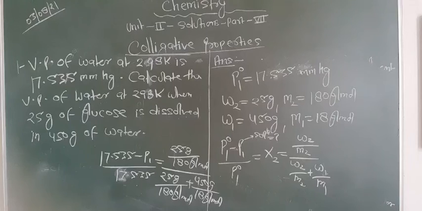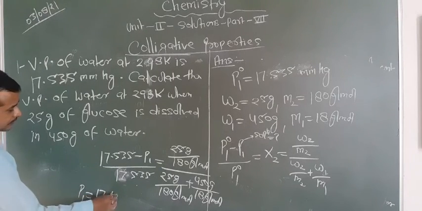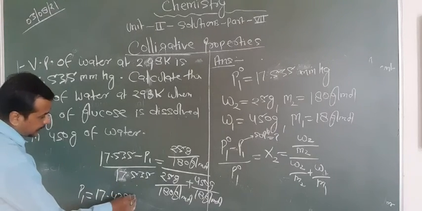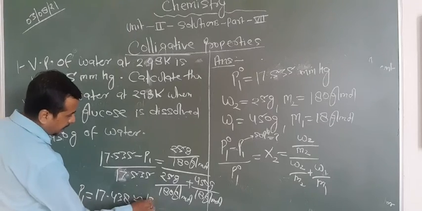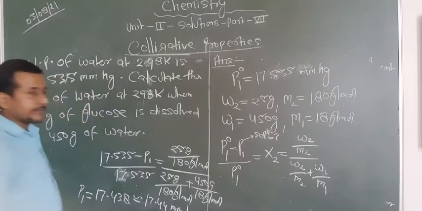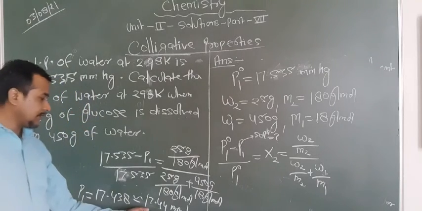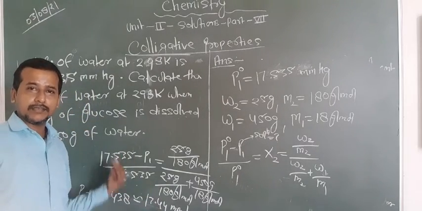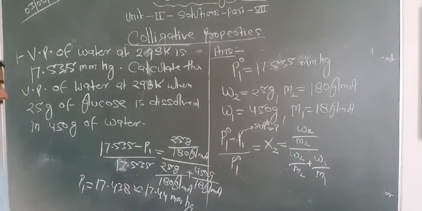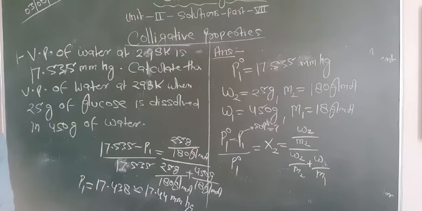Now solving this, we can get P1 equal to 17.438, approximately 17.44 mmHg. So this denotes that the vapor pressure of the solution is less than that of the pure solvent, and glucose is a non-volatile solute. That's why the vapor pressure is reduced. By this way you can find the vapor pressure of a solution.